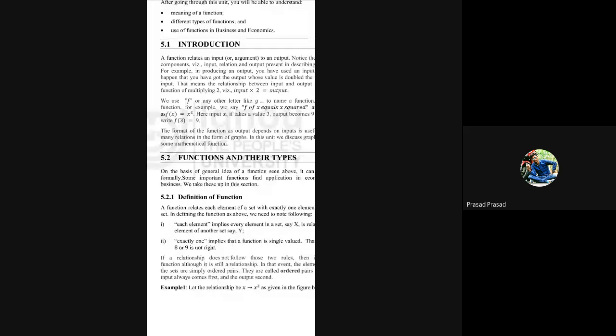Suppose f of x equals x square. If you substitute the value of x with 3, then 3 is replaced in x, so x square will be 9. That means 3 square, that is 9. So you are replacing the value of x.